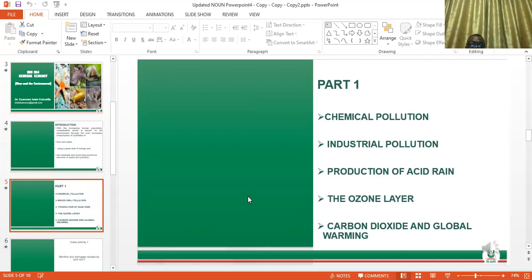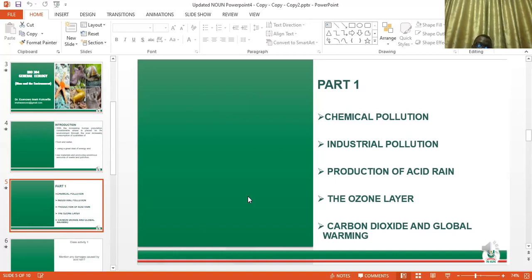We talk about the ozone layer, the layer that covers the Earth's stratosphere. Something has been depleted because of the release of gases. These gases led to depletion of the ozone, so that we have intensity of the ultraviolet ray from the sun affecting plants and animals.